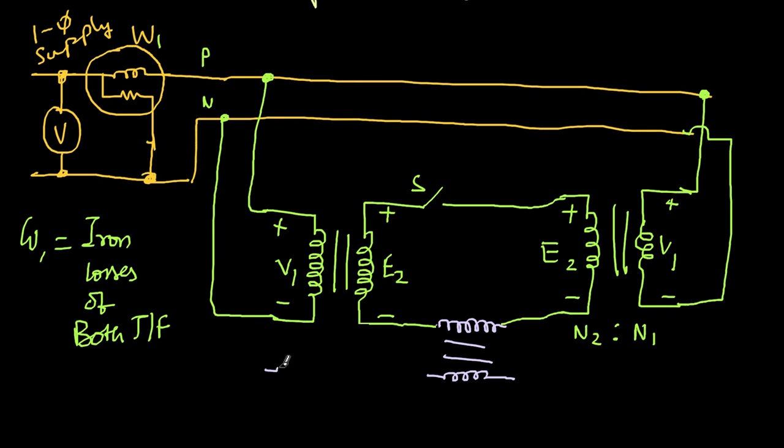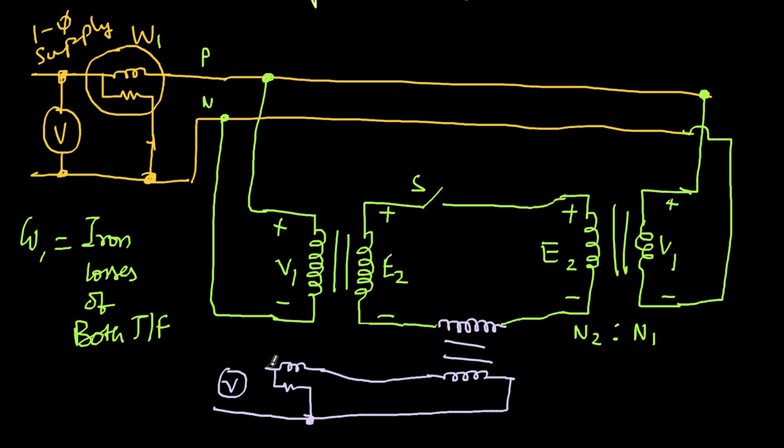So here I have this wattmeter, so I can measure the power flowing into this winding. And I have the voltmeter. And I have another supply. This supply will supply a somewhat smaller voltage, and let's call this wattmeter W2, the second wattmeter.